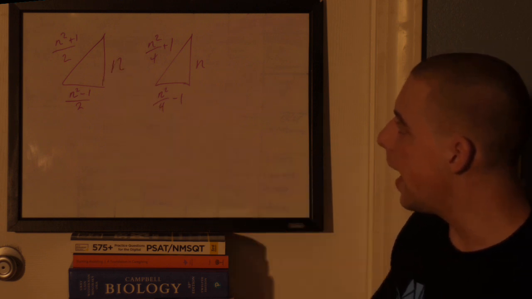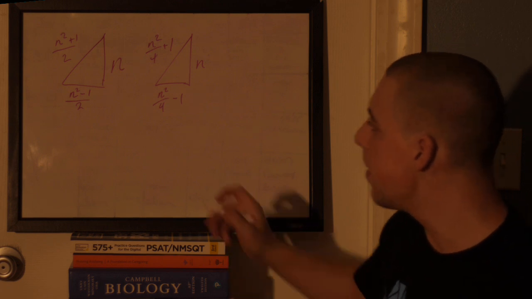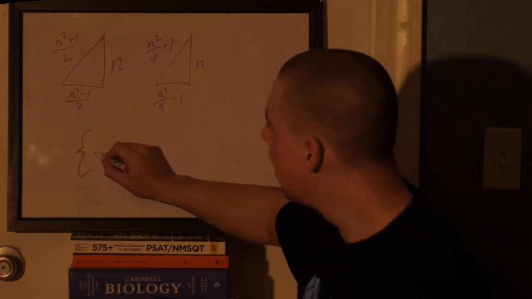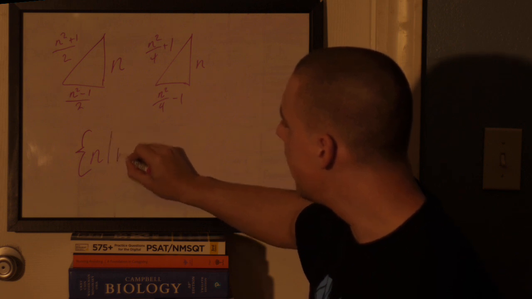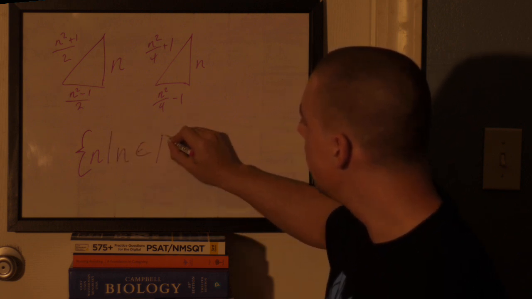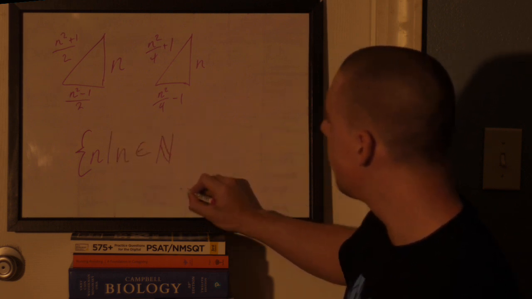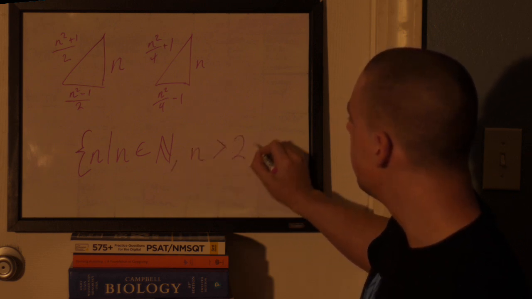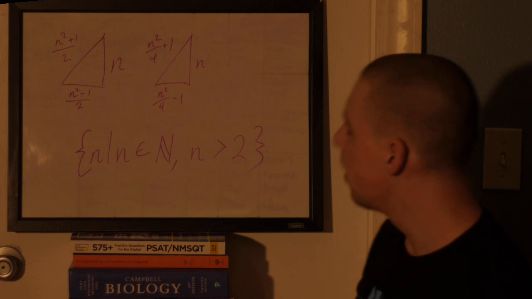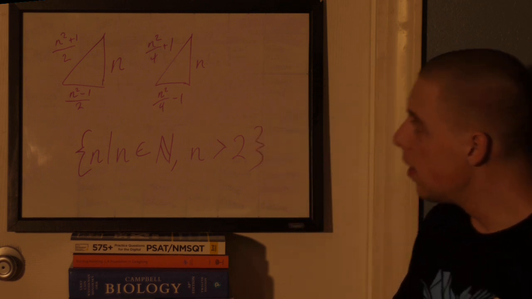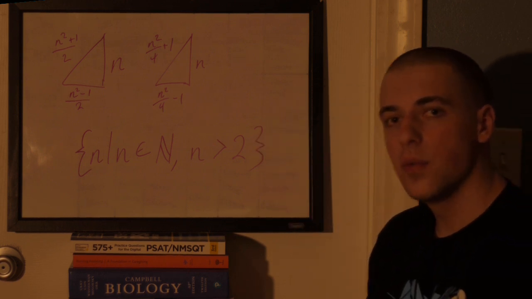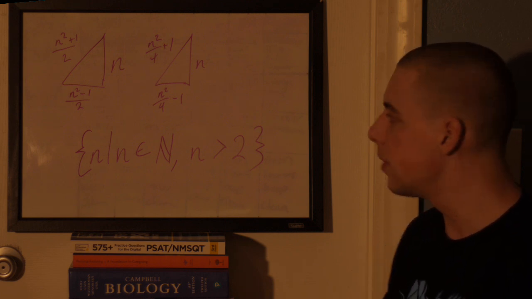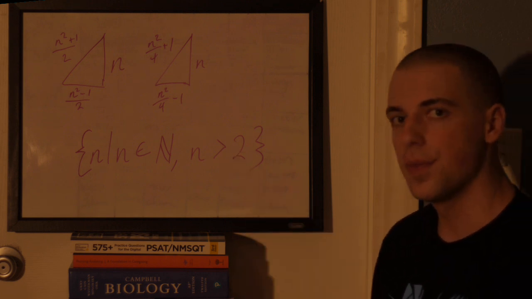And n can be any number such that n is included in the set of natural numbers, n is greater than 2. There's a right triangle with 3 integers that has a side of every single natural number greater than 2.